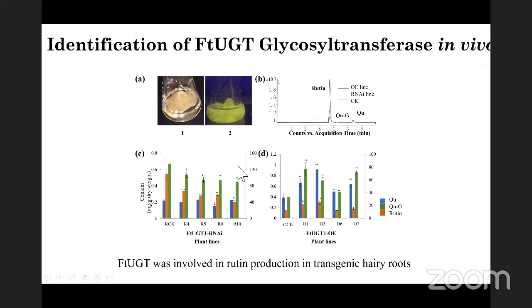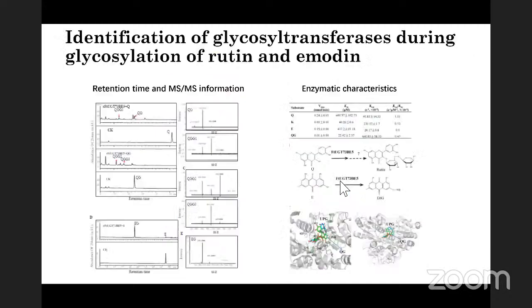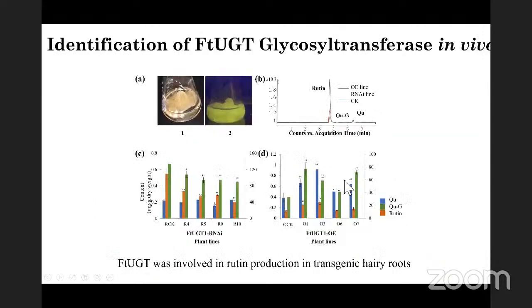The tartar buckwheat transgenic hairy roots result can tell us the UGT1, also called 33B5, can determine the rutin and emodin production in tartar buckwheat.